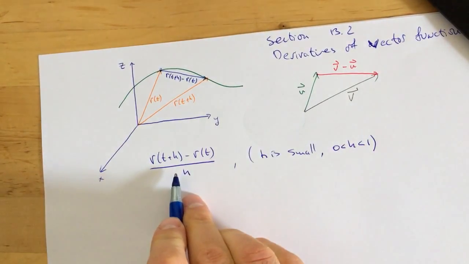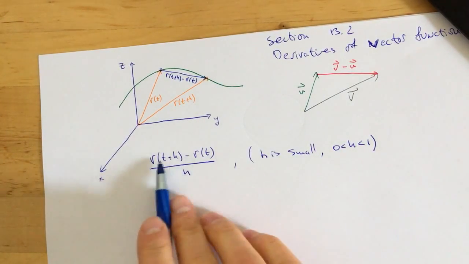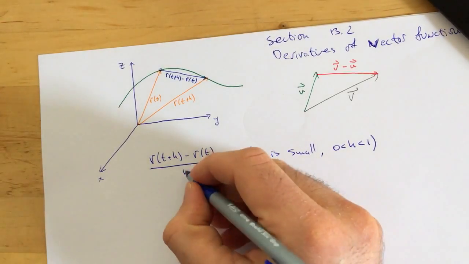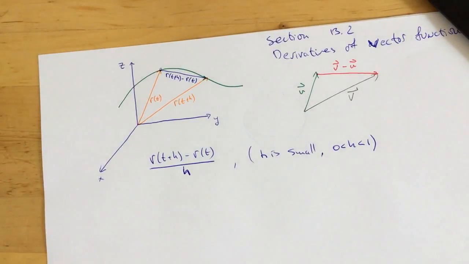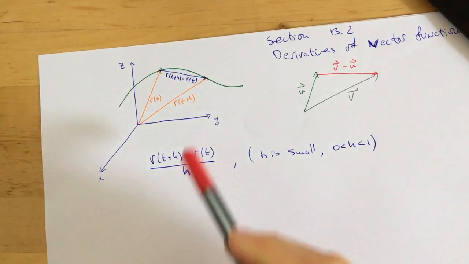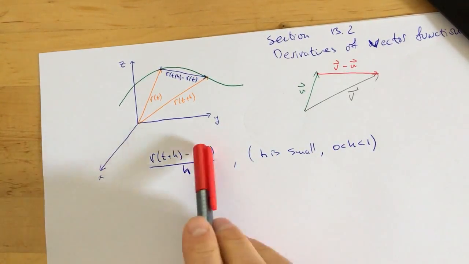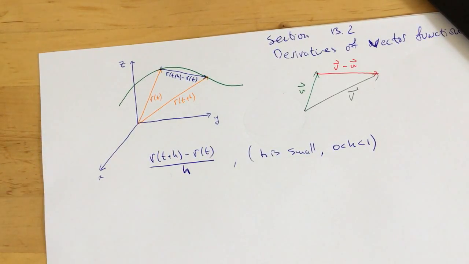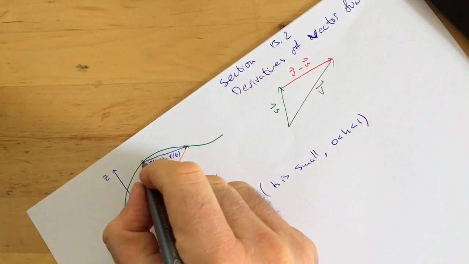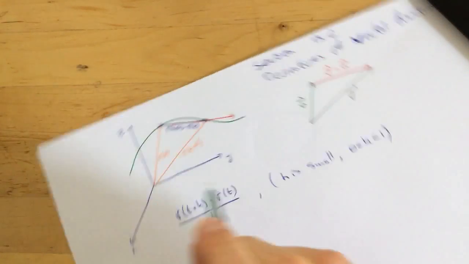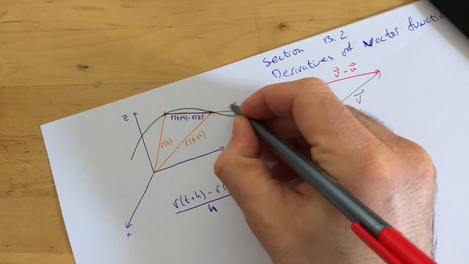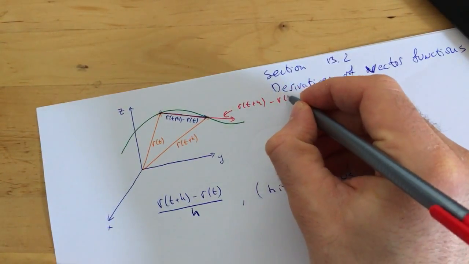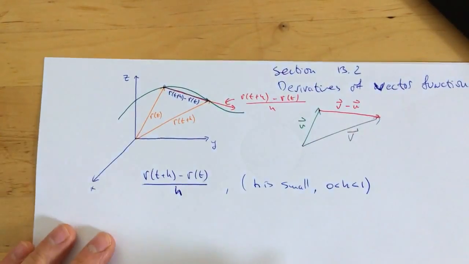This is also going to be a vector, because a difference of two vectors results in a vector, and then I divide it by a constant h. A vector divided by a constant is also a vector. So how is this vector going to look? Because h is small, if I divide by a small number, this just extends the vector. So this red vector is the vector r of t plus h minus r of t, over h.